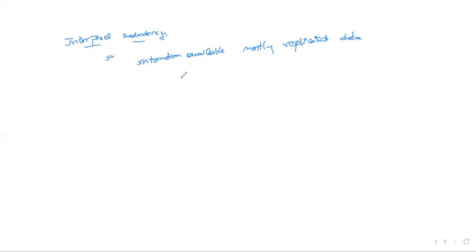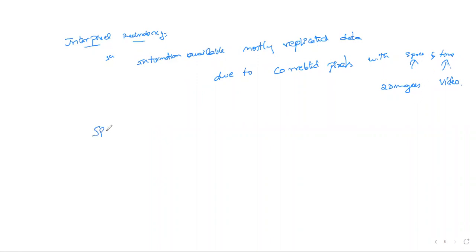So the data is replicated due to the correlated pixels with respect to space and time, because space means 2D images, and with respect to time means video sequences.